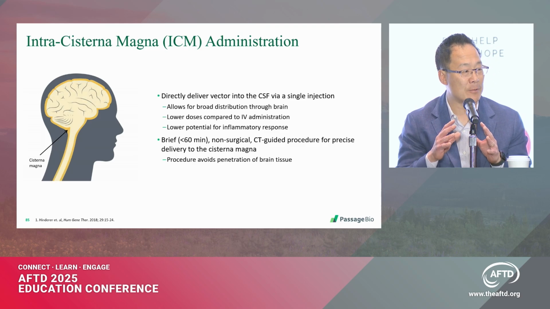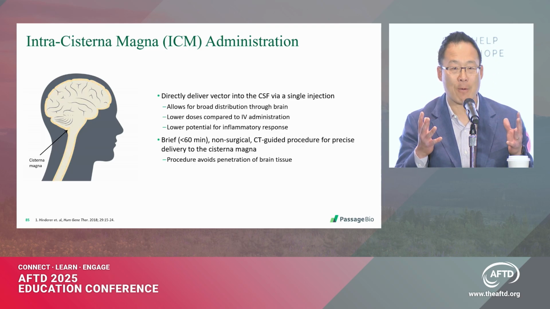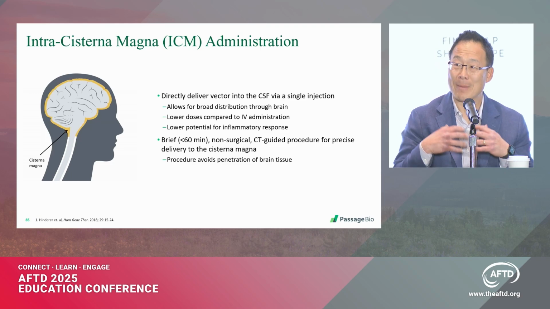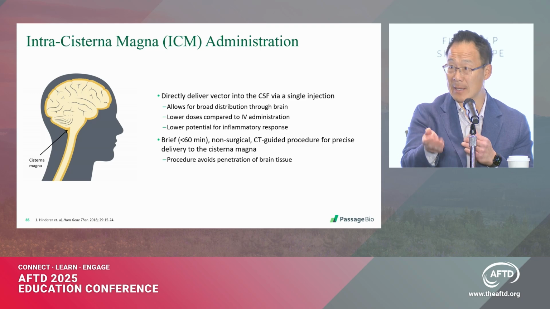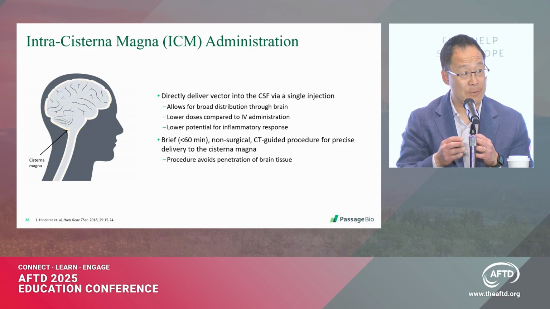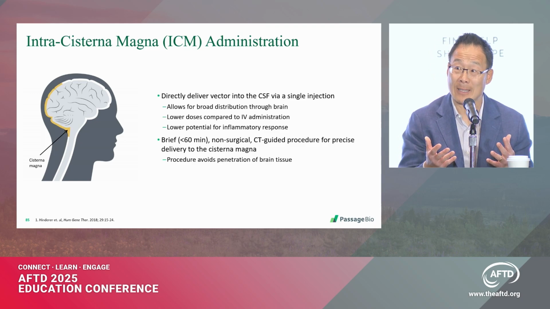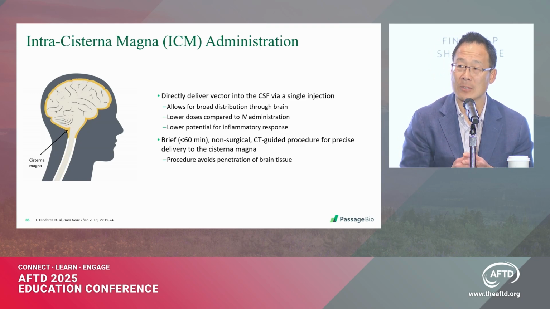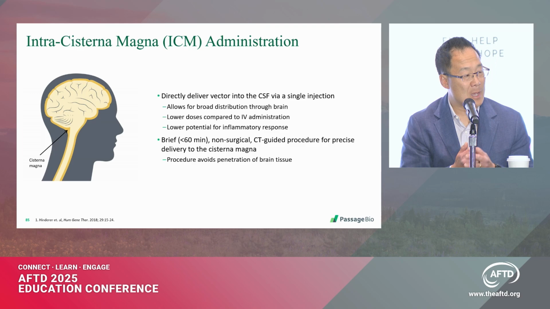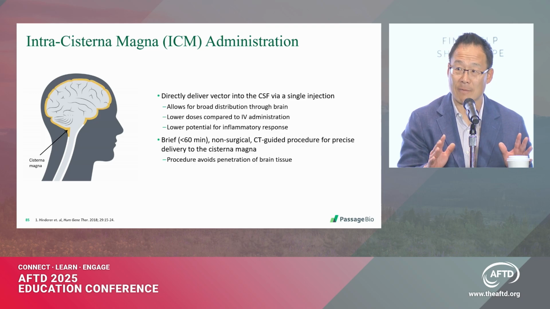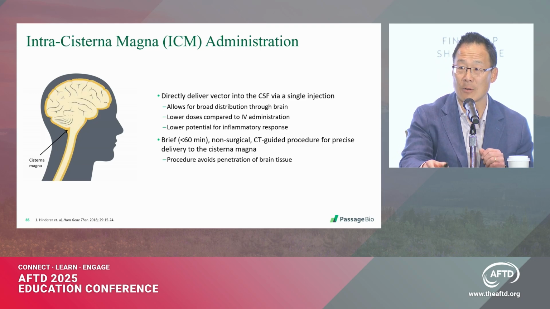The cerebrospinal fluid bathes the entire brain and is in communication with every part of the brain. And so from anatomy, we believe that giving a product directly to the CSF should reach all parts of the brain. In fact, we have good preclinical data: our partners at the University of Pennsylvania delivered this product to non-human primates, and they were able to show that it reaches every part of the brain when delivered to the cisterna magna.